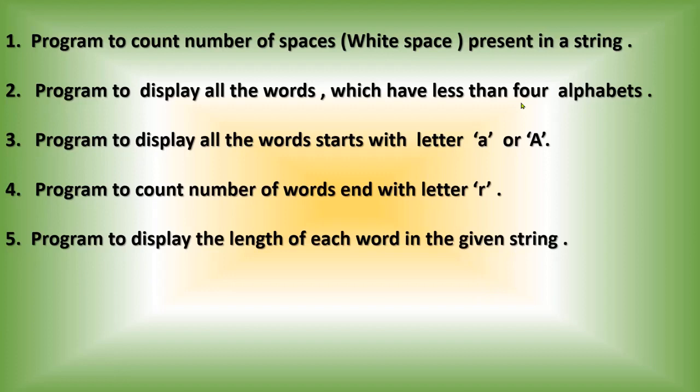We studied the len function. Using the len function, you can find the number of characters in each word. So, using the split function, you extract the words from the string and check the length of each word. If it is less than 4, you just display that word.